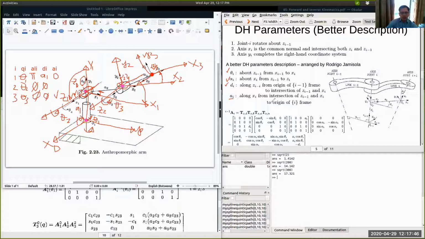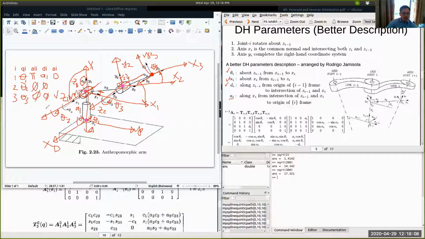Okay, A2, along X2. Where is X2? That is X2. If this one didn't move, then X2 and X1 are coincident. So along X2, from the intersection of Z1 and X2. This is X2, and where is Z1? That one.